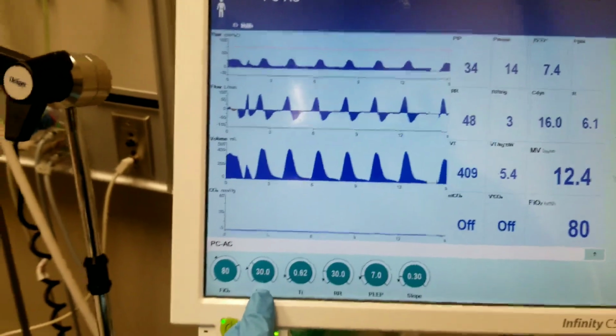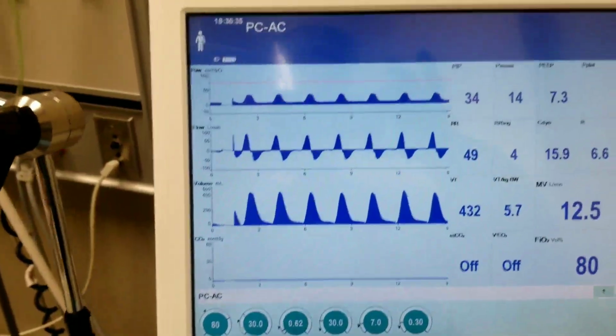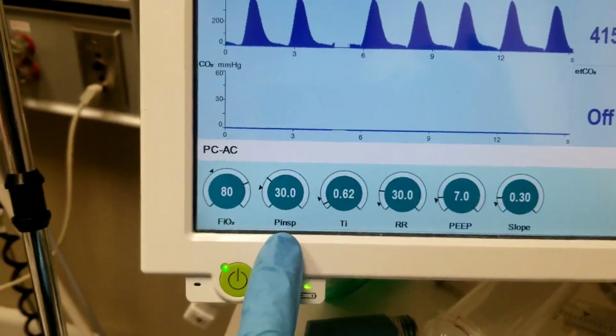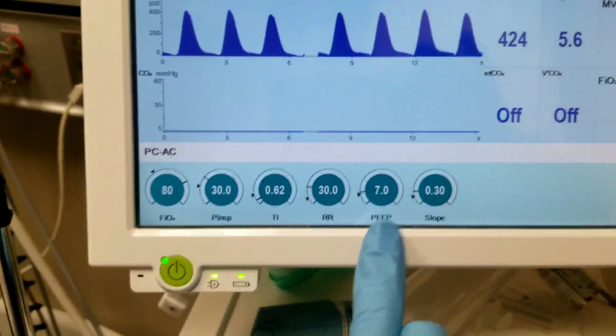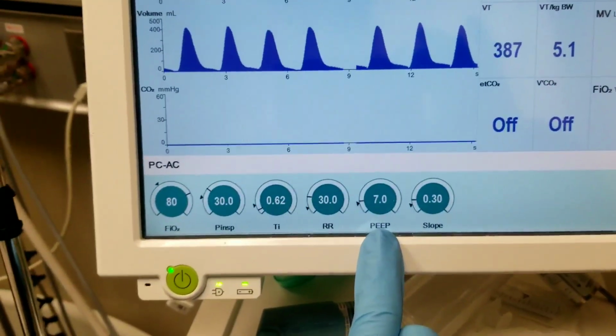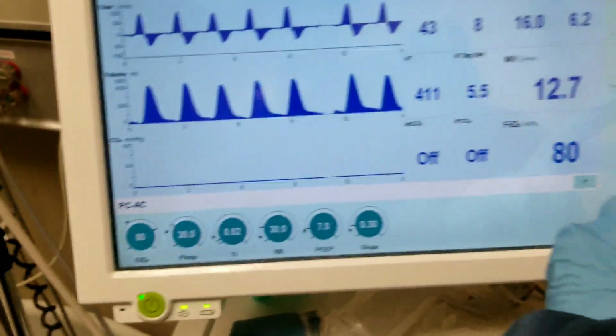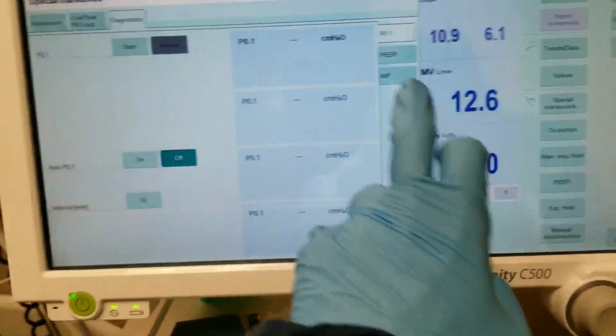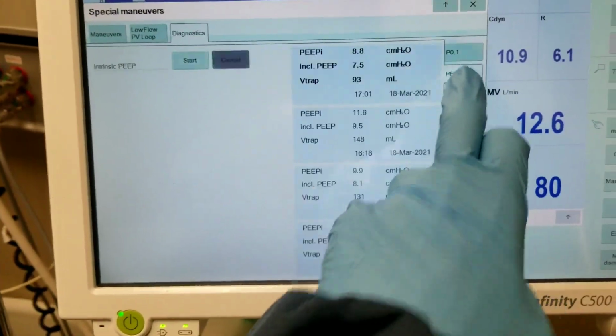Now if we set the exact same P high, instead we're on ACPC. If you set the P high, we'll set the pressure control at 30. We'll set the optimal PEEP that gives an intrinsic PEEP probably close to 9. Let's go do that.